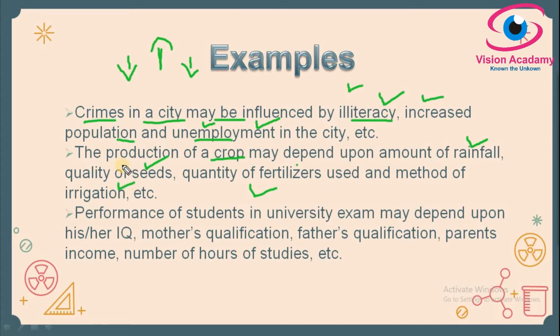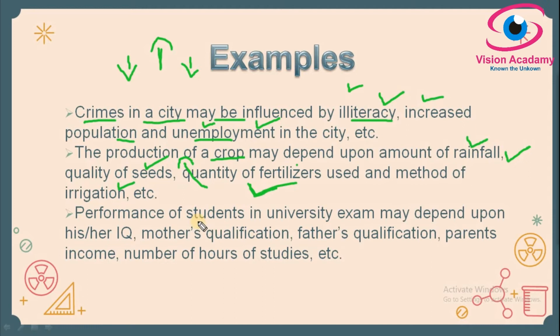Here production of crop is the dependent variable, whereas it will depend on the rainfall, the quality of seed you used, the quality of fertilizers you used, and the method of irrigation you used. So all these independent variables are going to affect production of crop.